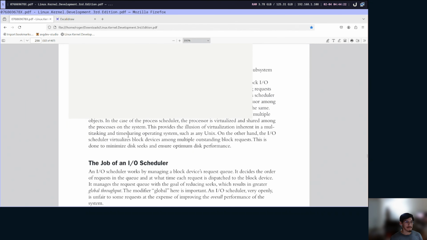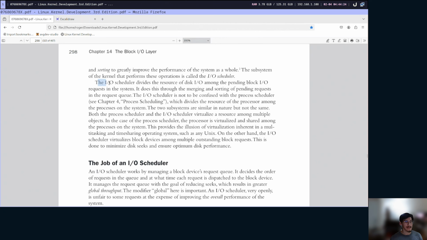Anyway, the I/O scheduler divides the resource of disk I/O among the pending block I/O requests in the system. It does this through the merging and sorting of pending requests in the request queue. The I/O scheduler is not to be confused with the process scheduler, see Chapter 4, Process Scheduling, which divides the resource of the processor among the processes on the system. The two subsystems are similar in nature but not the same.